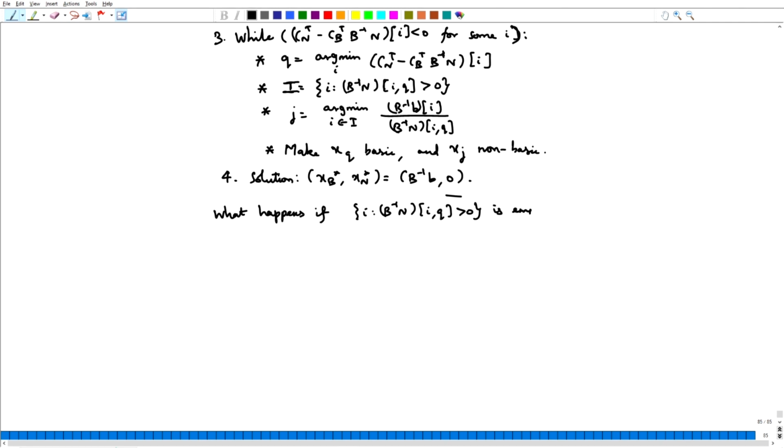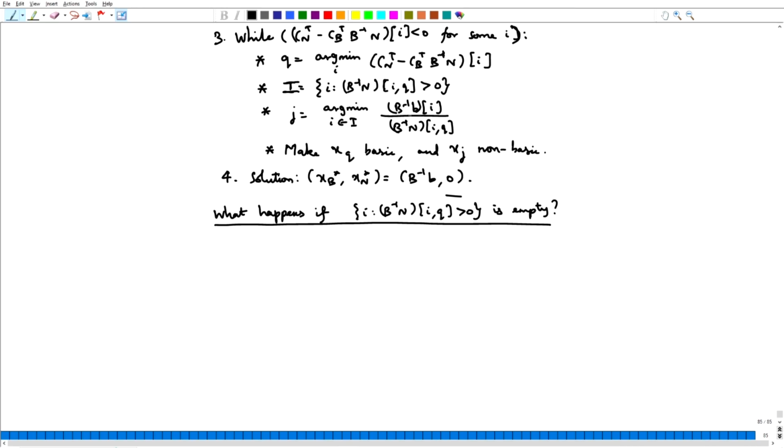In other words, every element in the qth column of B inverse of n is non positive, it is less than or equal to 0. Okay. So, in that case, you cannot find j, because I itself is empty.